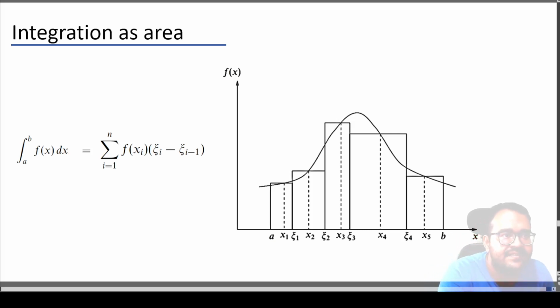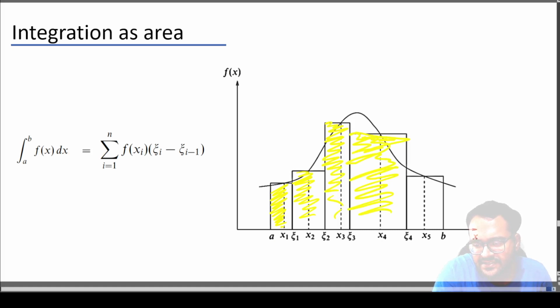That means what I am trying to say is there's this area, say, plus this area, plus this area, plus all these areas.